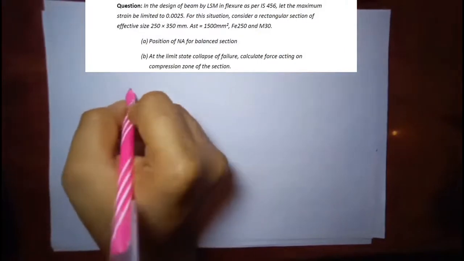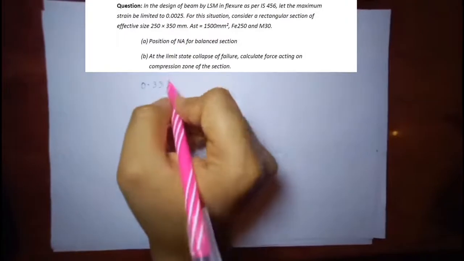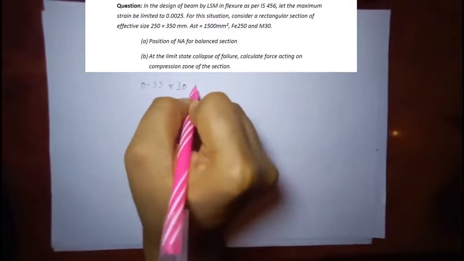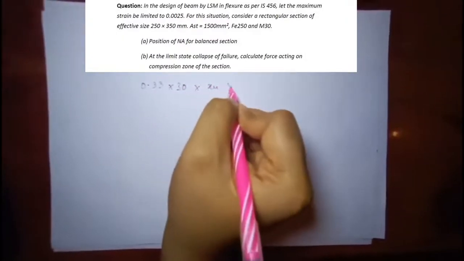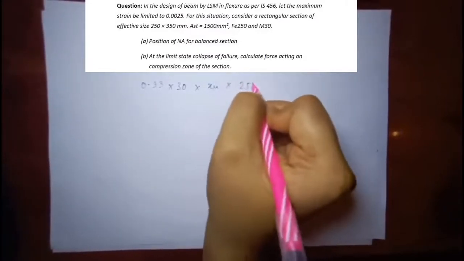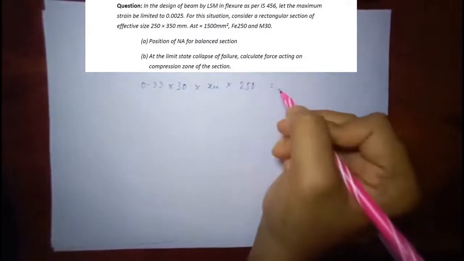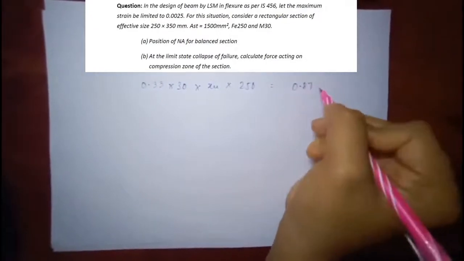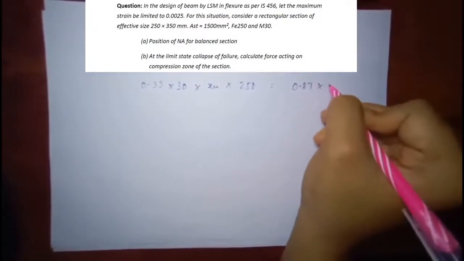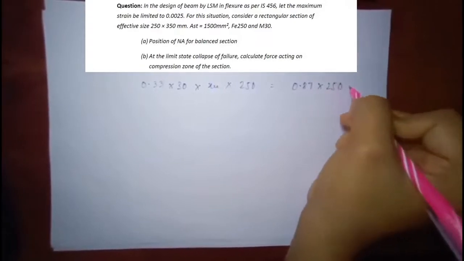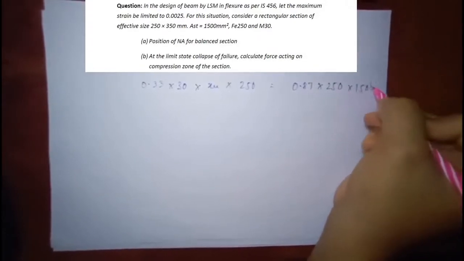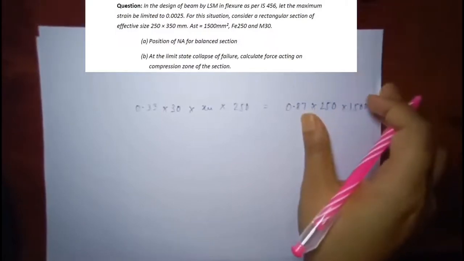Ast given in the question is 1500 mm square. So 0.33 multiplied by fck, which is 30 for M30, multiplied by xu, multiplied by width 250, is equal to 0.87 multiplied by fy 250 multiplied by Ast 1500 mm square.